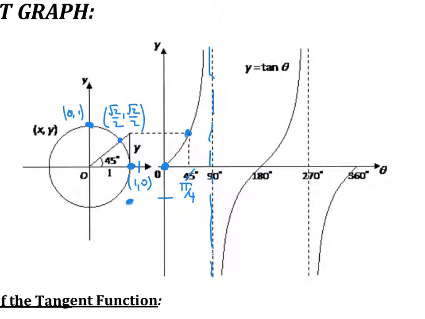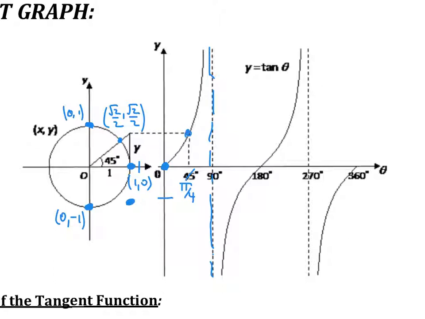We have a point. Okay, and then what is tangent of negative pi over 2? Which is the same thing as tangent of 270 degrees or tangent of 3 pi over 2. What's tangent of negative pi over 2? Not 0. Undefined, because remember that it would be this point down here, which is 0 comma negative 1.